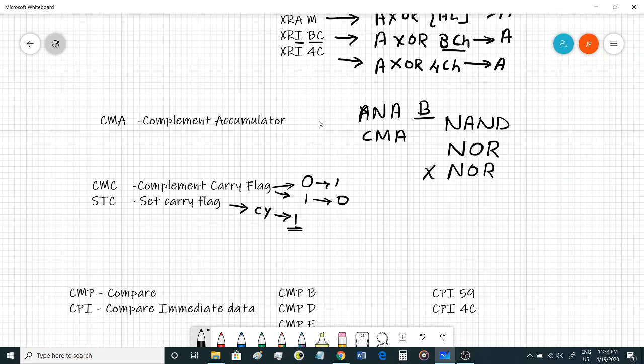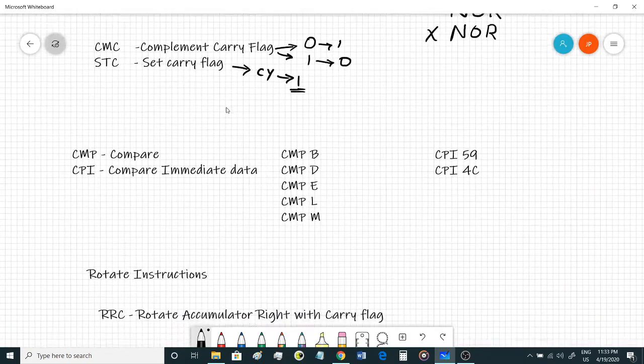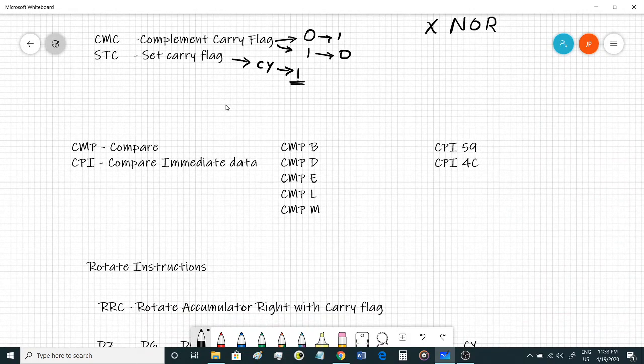Now the next logical instruction that we have is compare instructions. You can compare the data that is there in the accumulator and the data that is there in any of the registers, like compare B, C, D, L, M or H. All the general purpose registers can be compared. Now what does the compare operation do? Compare means you want to check which data is greater or smaller.